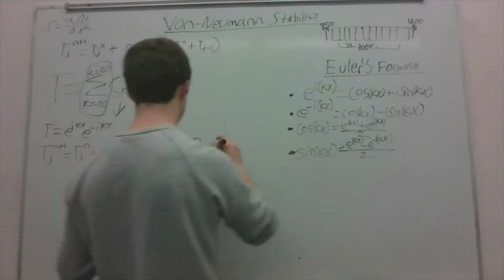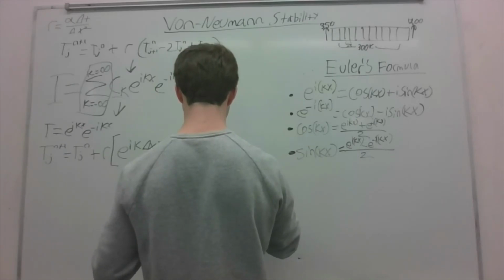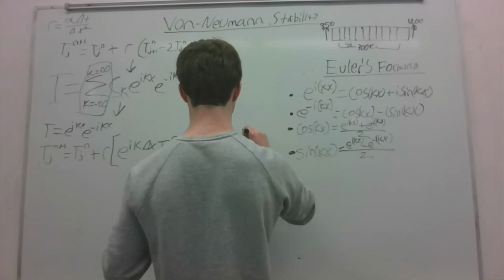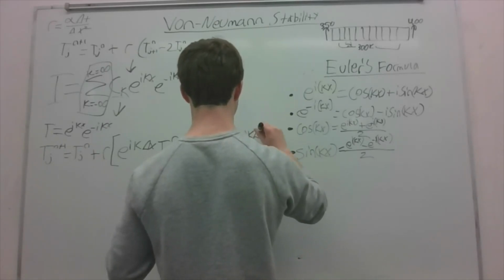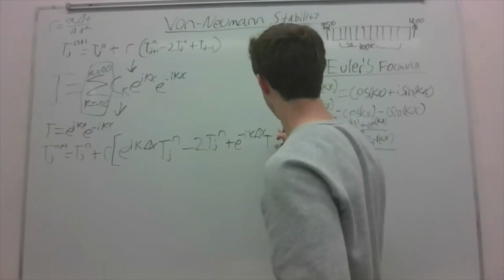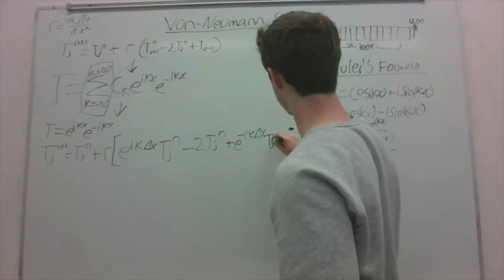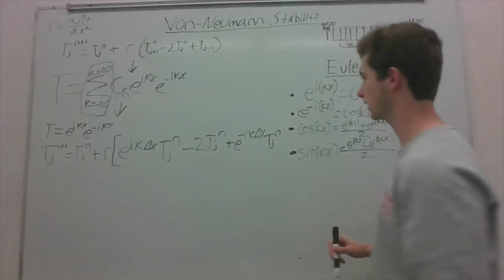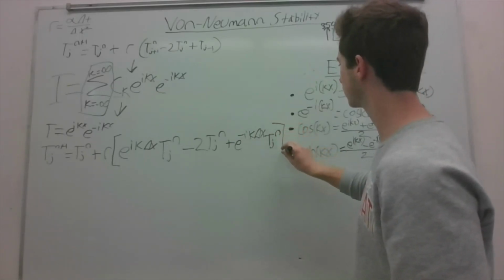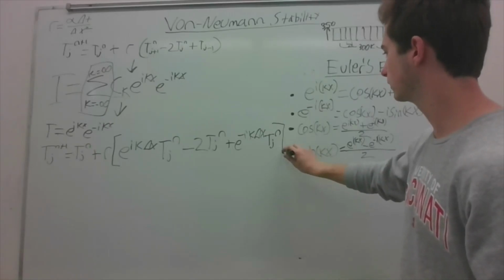Okay, let's keep going. T j n plus e to the negative I k delta x T j n. Okay, we can keep this for now. Let's put the bracket in, make it nice and clear. Very good.